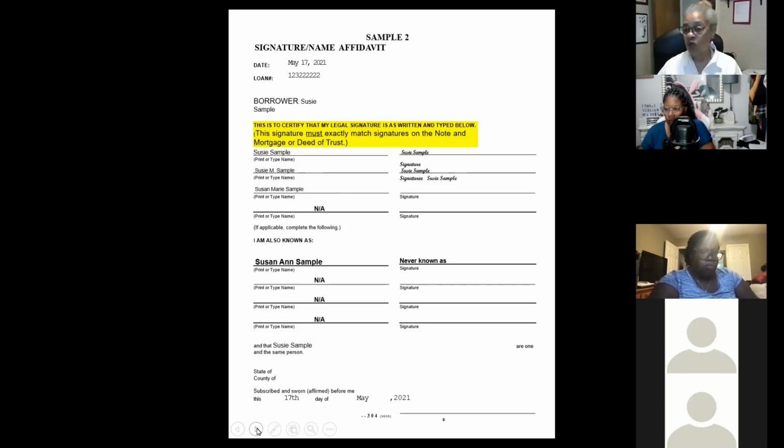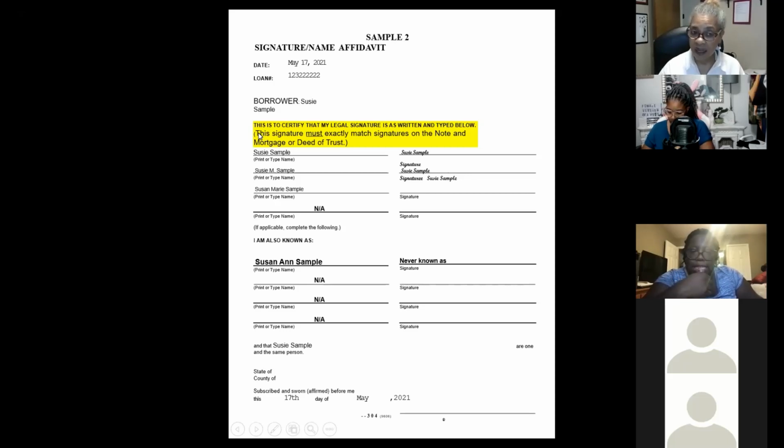Then let's look at the next example. You don't have a long drawn out thing like you had on the other one where it's giving you all of those instructions. However, on this document, the signature name affidavit, it says this is to certify that my legal signature is as written and typed below.